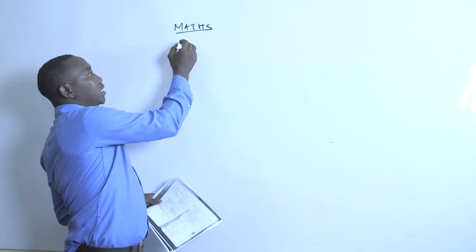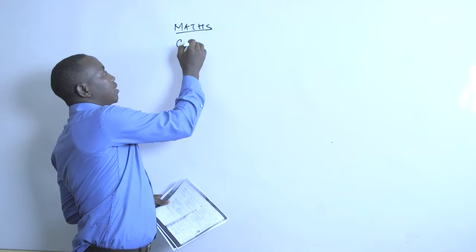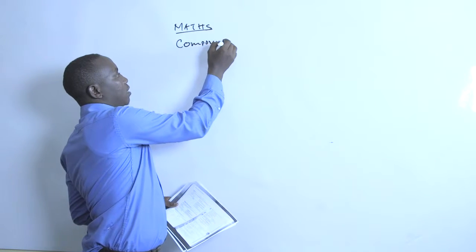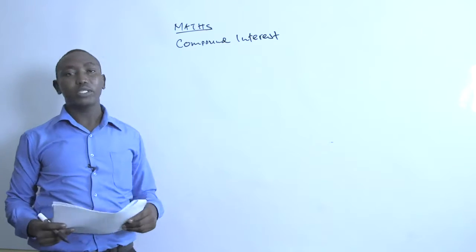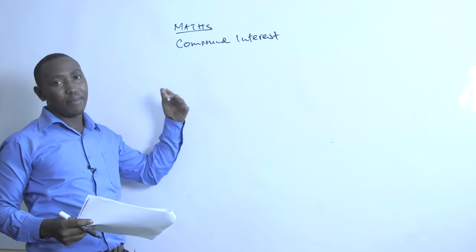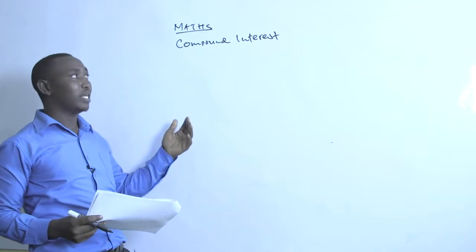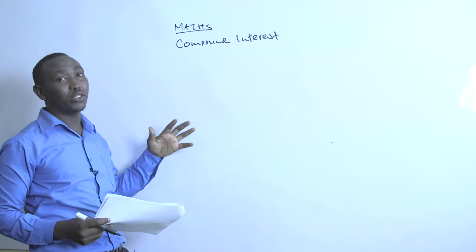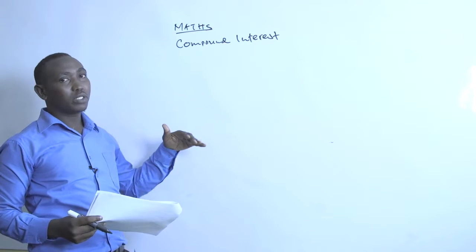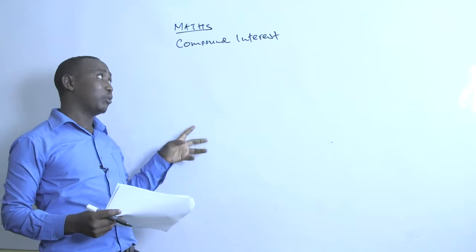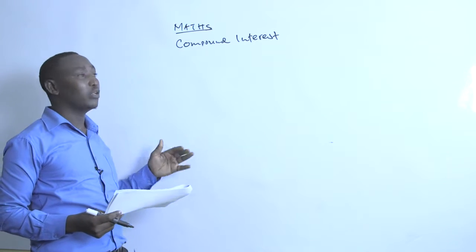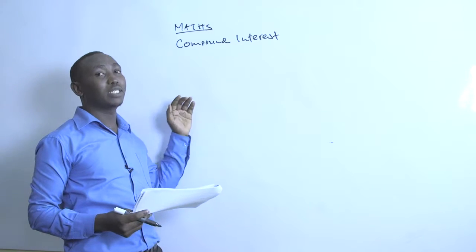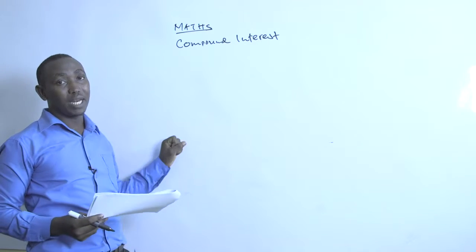Now with the compound interest, because the principal is normally different at the end of every financial year, then that means if you're supposed to calculate the total amount after 3 years or after 4 years, you'll be required to do what we call a step-by-step breakdown.